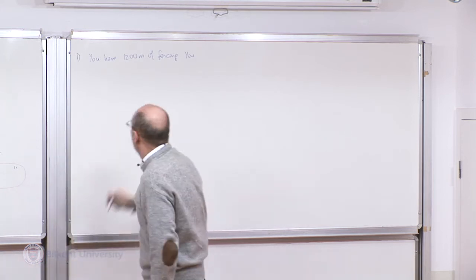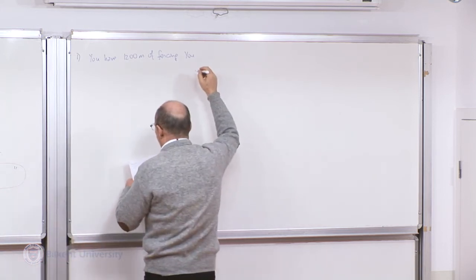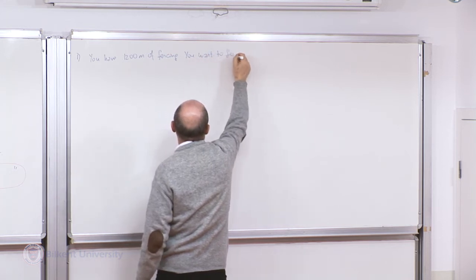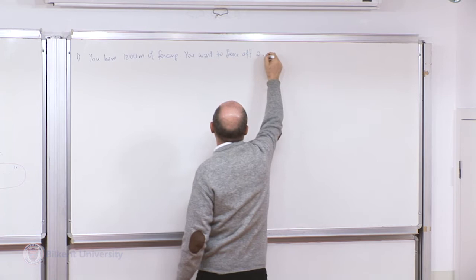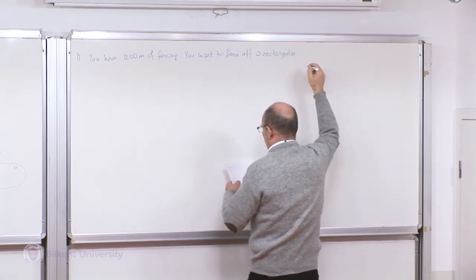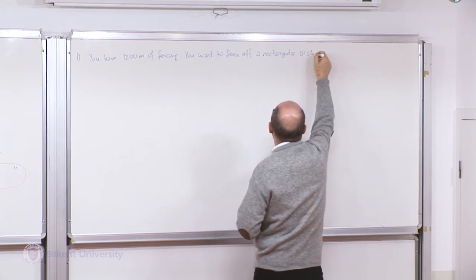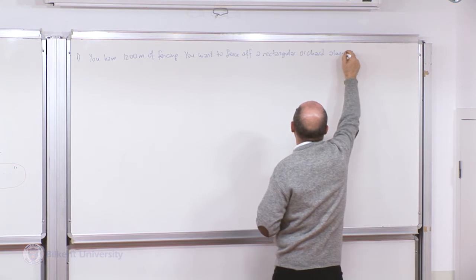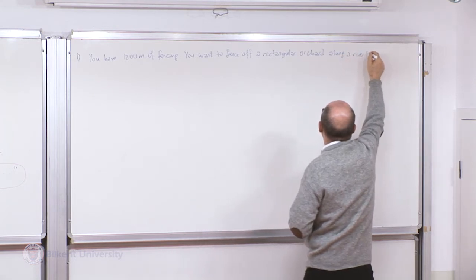You want to fence off a rectangular region, a rectangular orchard, let's say, along a river bank.